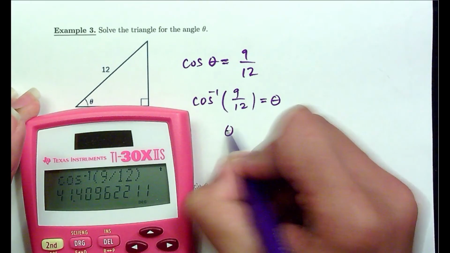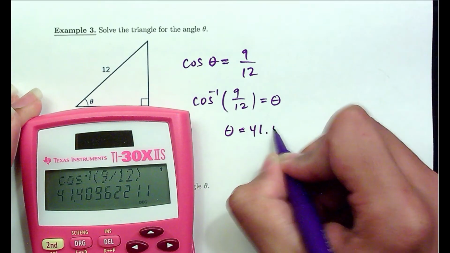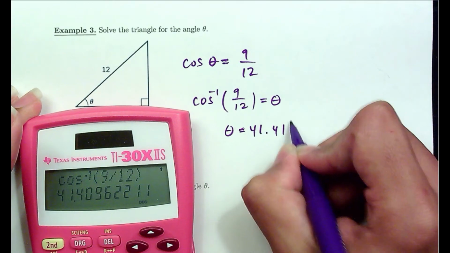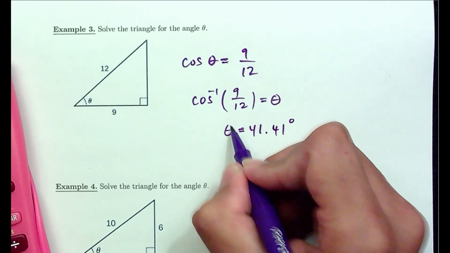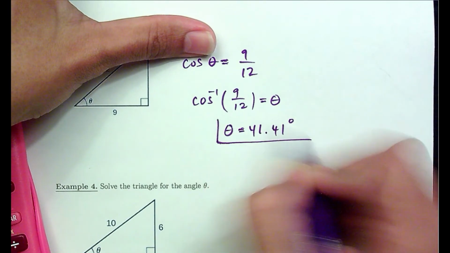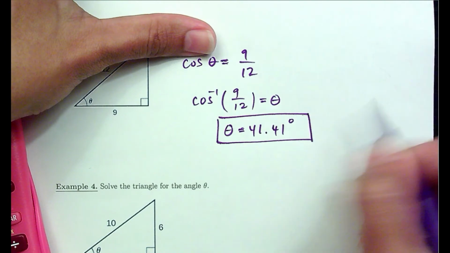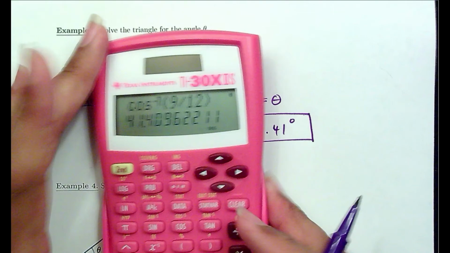So that means theta equals 41.41. I'm using 2 decimals. They'll always specify in the homework or the test. They will always tell you how many decimals. Right? So 41.41 using rounding to 2 decimals.